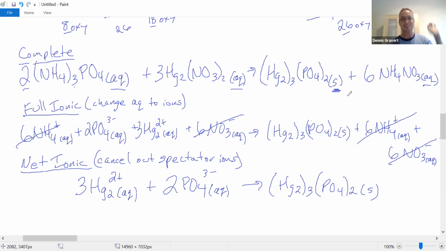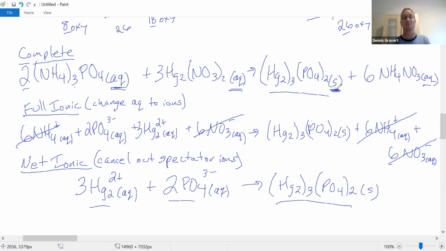If you look here, you see we start with two aqueous reagents and they make a solid. That is a precipitation reaction. Precipitation, what's that mean? You made a solid. So grab the formula for the solid and break it up into ions. And that's a nice shortcut.